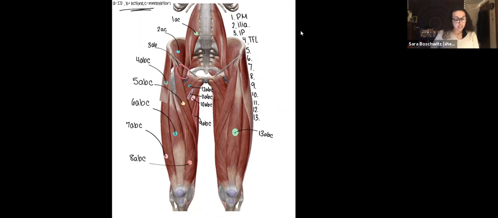At the knee, it's also going to help extend the knee and slight lateral rotation of the tibia, external rotation of the tibia. That's a very minor action that you don't need to worry too much about, but it does have it on your chart.